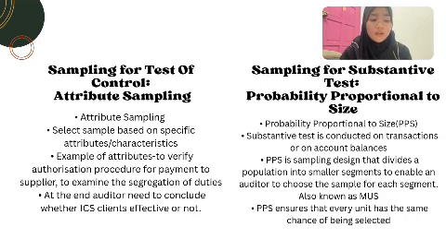Sampling for substantive test, probability proportional to size. A substantive test is conducted on transactions or on account balances. Probability proportional to size is a sampling design that divides a population into smaller segments to enable an auditor to choose the sample for each segment, also known as MUS.